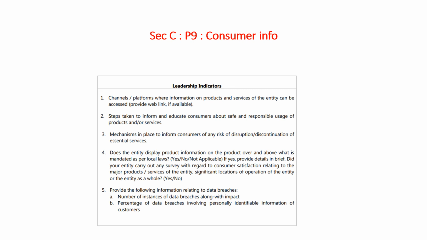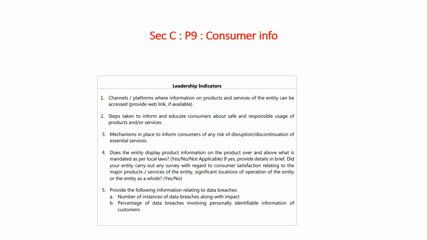About consumers. So what is it? Number one, channels and platform where information on product and services can be accessed. Steps taken to inform and educate consumers about safe and responsible use of the product and services. Third is about mechanism in place to inform consumers of any risk of disruption or discontinuation of essential services.